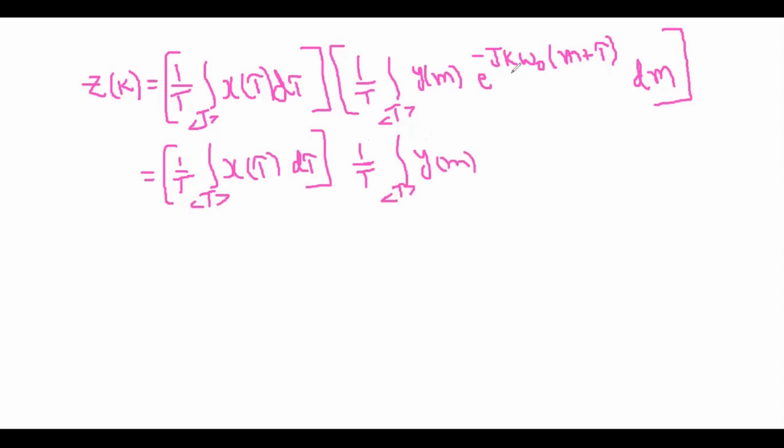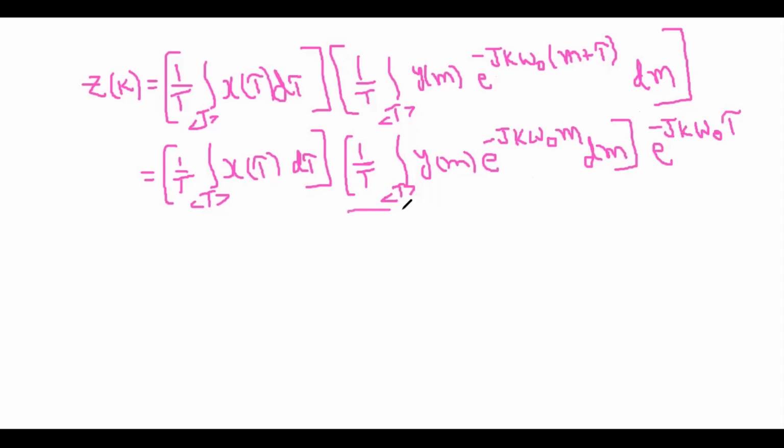I'm separating the two functions here, then the power becomes a plus, e power minus jk omega naught m into dm. I use this as one function, and the remaining factor here is e power minus jk omega naught tau.